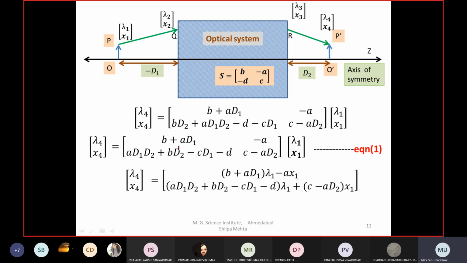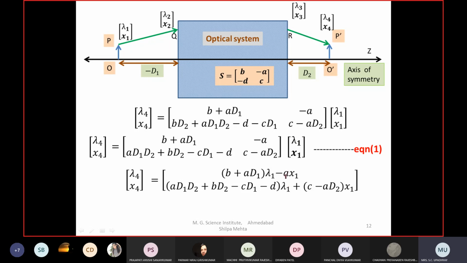Now we further multiply first row and this first column, second row and this first column. So b plus ad1 is multiplied by lambda 1, minus a is multiplied by x1, so we get first element b plus ad1 into lambda 1 minus a x1, and similarly this first element is multiplied by lambda 1, and second element is multiplied by x1.